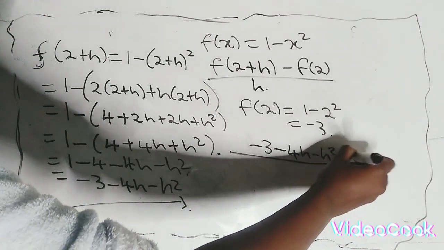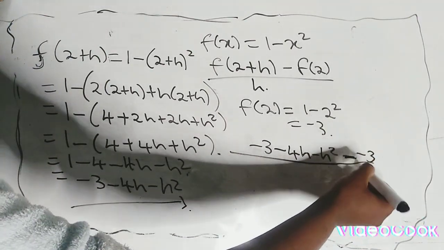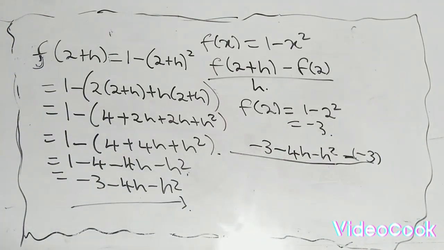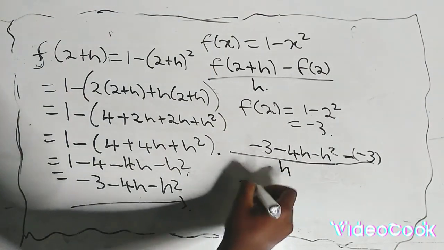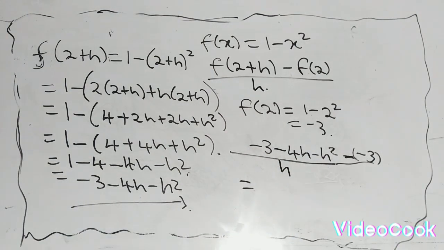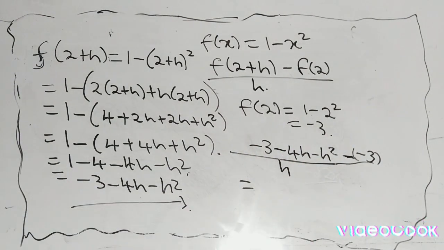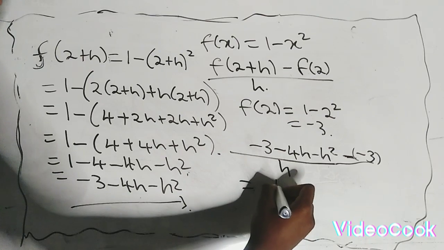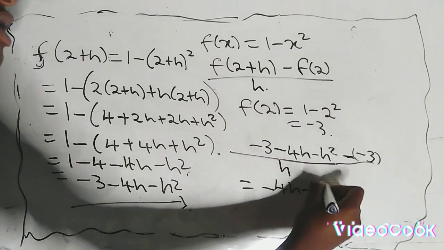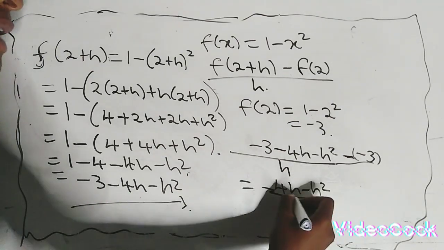But a minus and a minus 3 will end up being a positive, and this is all divided by h. So now I'm having a positive 3 there. Negative 3 plus 3 will just become a 0. I'm remaining with minus 4h minus h squared, all divided by h.